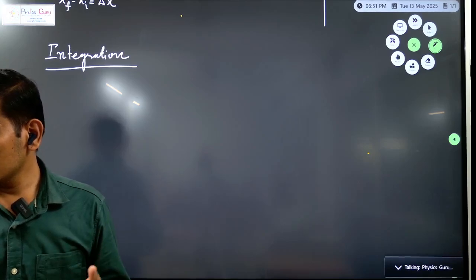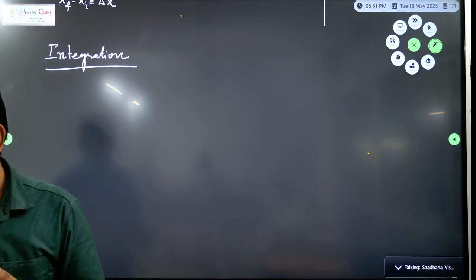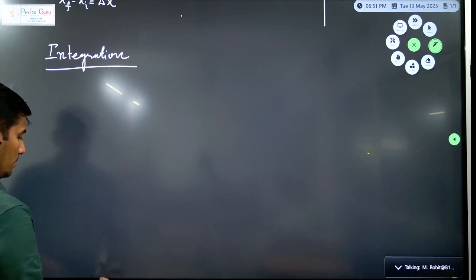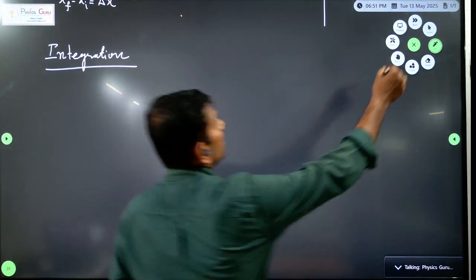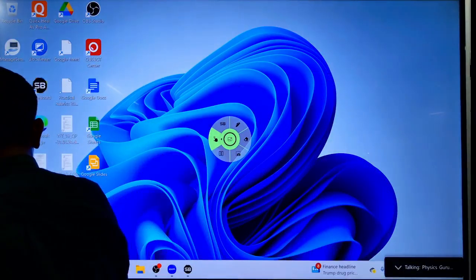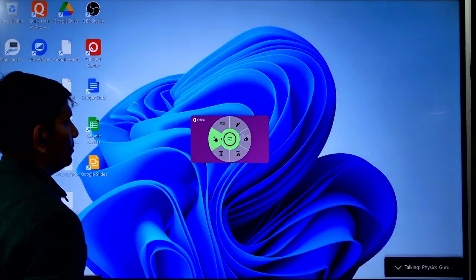Children, say something. No, good. No problem, sir. Now I'll teach you the integration formula. First note down the formula. Then I'll explain each formula to you.